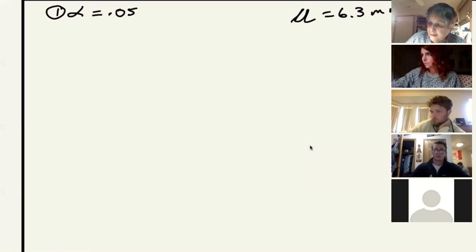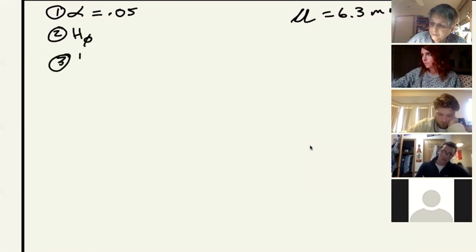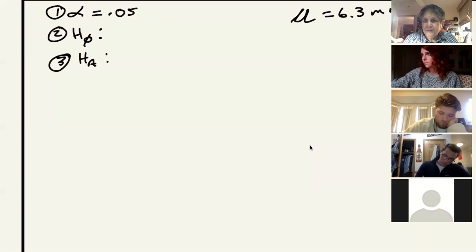So next, what we're going to do is set our null hypothesis and then our alternate hypothesis. We're going to run a set of 25 sprockets, and our null hypothesis is that there will be no significant difference between our sprocket diameter and the population diameter. We know the population diameter.